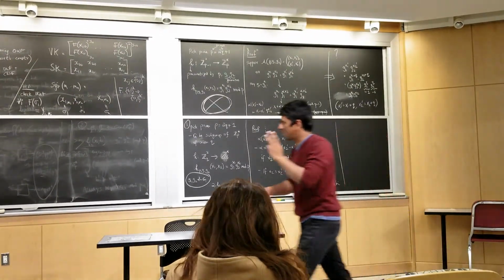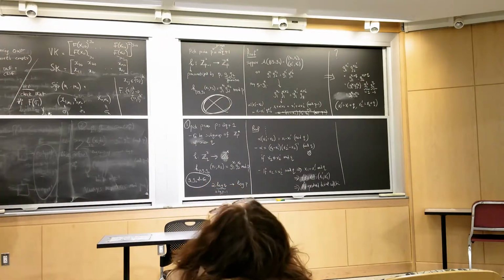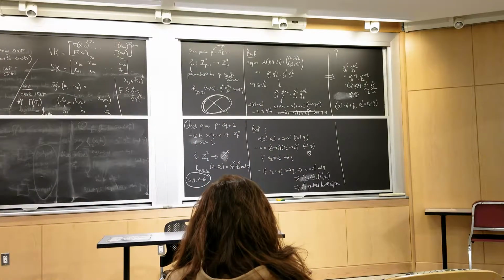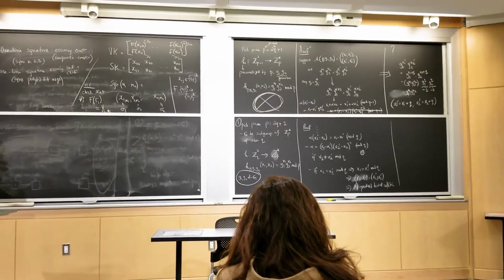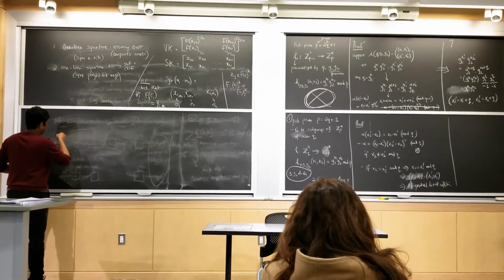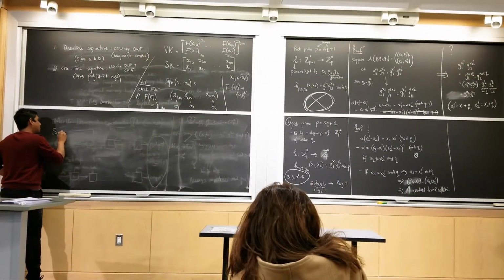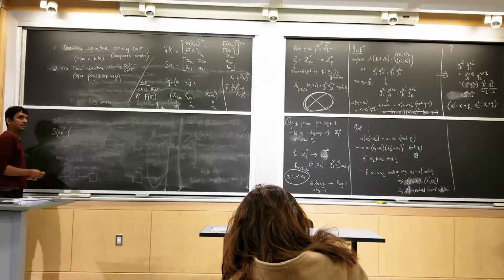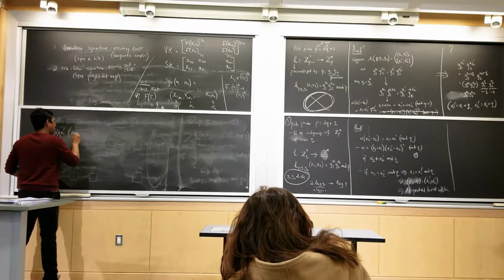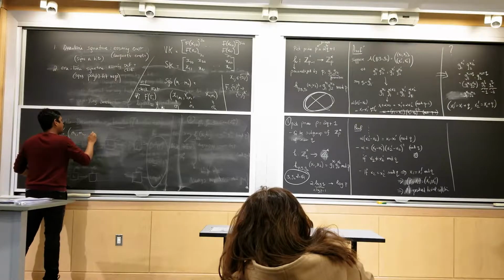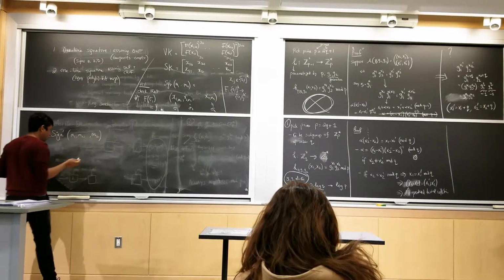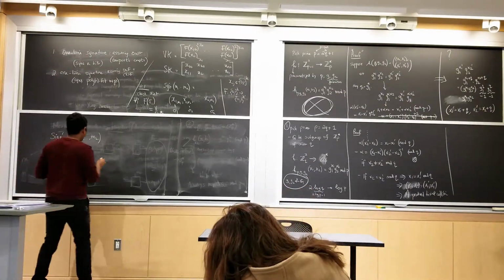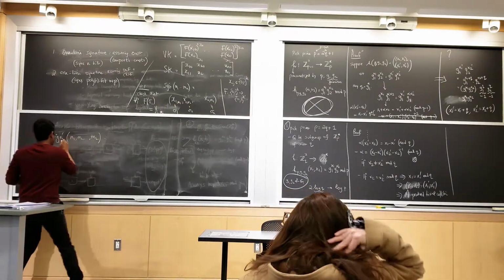Okay, so let me just write it down. I'm going to call it sign prime of M1, M2 up to ML, let's say. It's going to do the following, sign using the secret key.